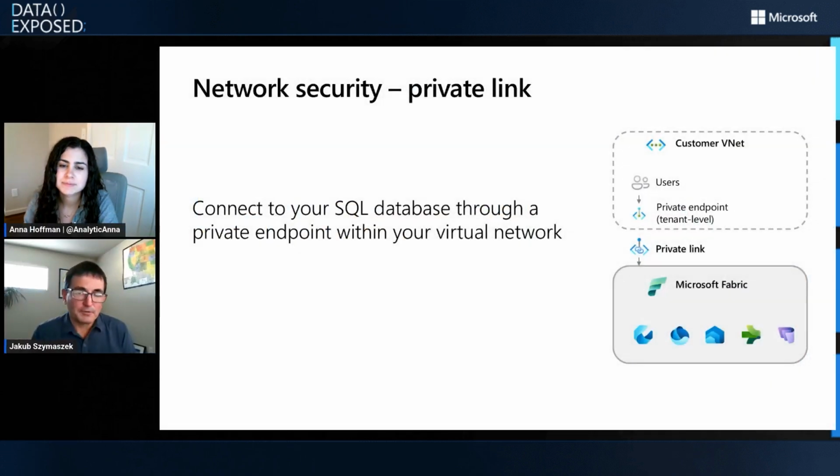Yeah, so basically, the goal of private link is to secure inbound traffic for all the resources in a given Fabric tenant. Right now, this is a tenant level feature, so you can use it to isolate any traffic that targets your Fabric resources from the internet. Make sure it is transported over a private channel.